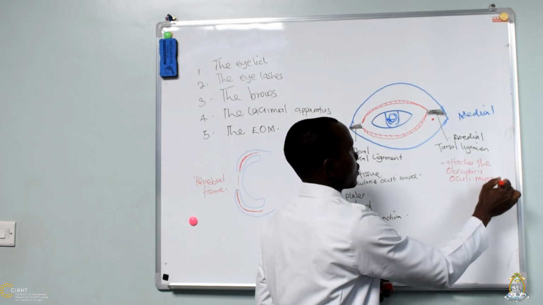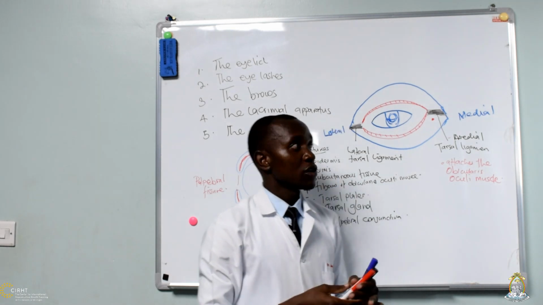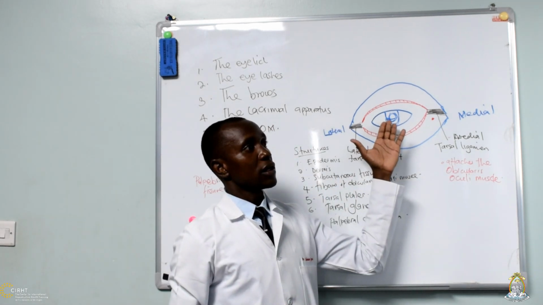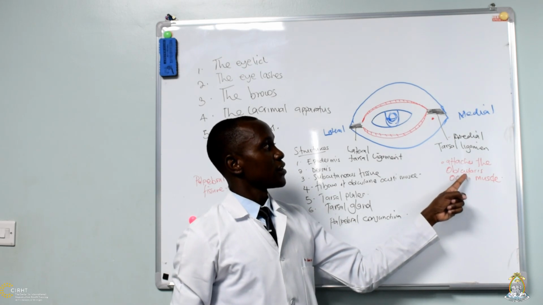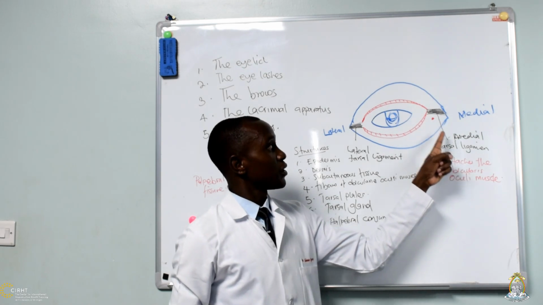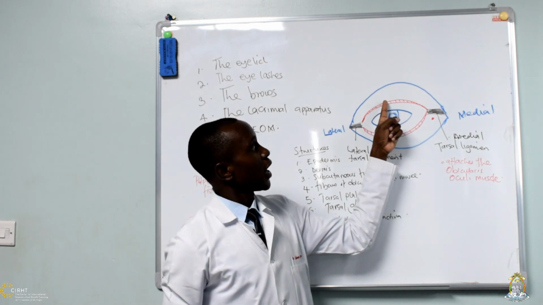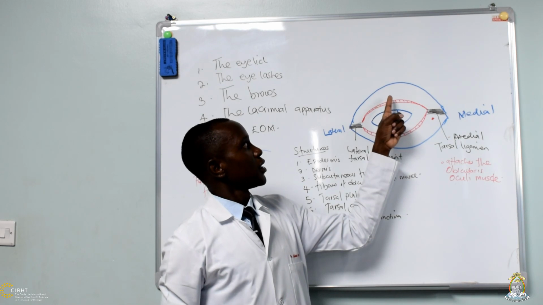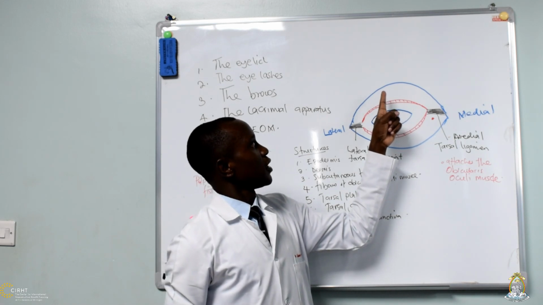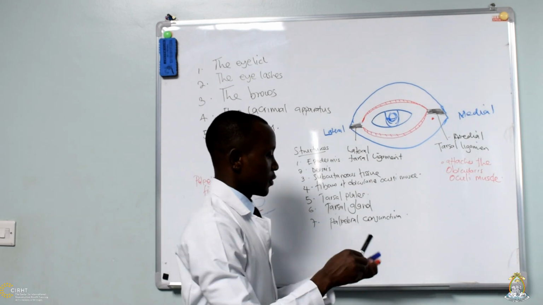Remember, we have only two muscles within the eyelid. We have the orbicularis oculi muscle, which receives its attachment onto the medial tarsal ligament, and then the second muscle of the eyelid is what we are going to look at next, which is the levator palpebrae superioris muscle.